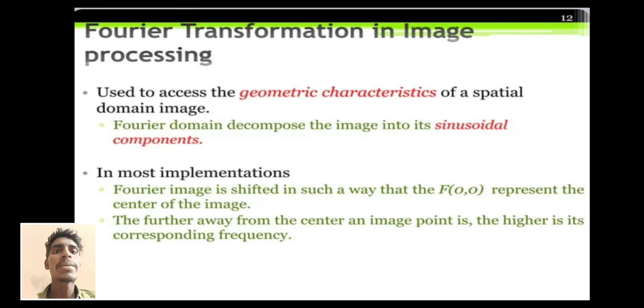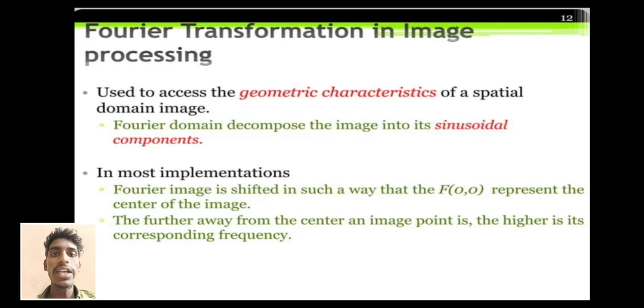In most implementations, the Fourier image is shifted in such a way that F of 0 comma 0 represents the center of the image. F of 0 comma 0 means the Fourier image is shifted, and it will be represented at the center of the image.